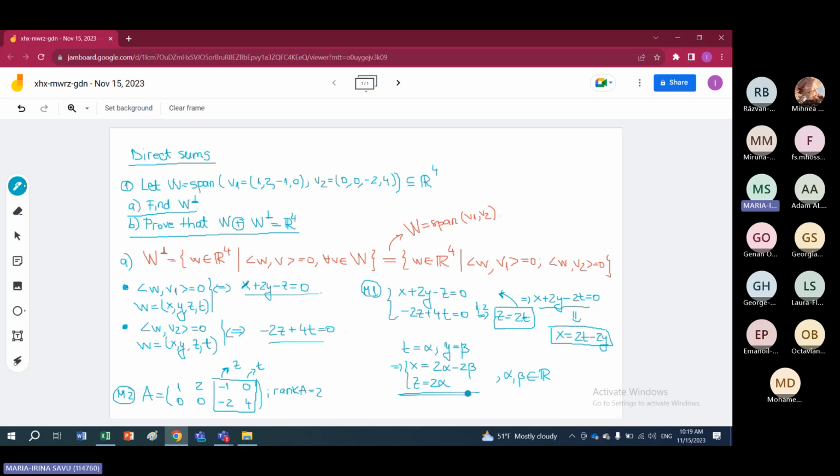But let's come back to our result obtained from method 1. Let's take a look at these solutions. So in this case, you have that this small vector w is formed with x, which is 2 alpha minus 2 beta, y, which is actually beta, z, which is 2 alpha, and t, which is alpha.